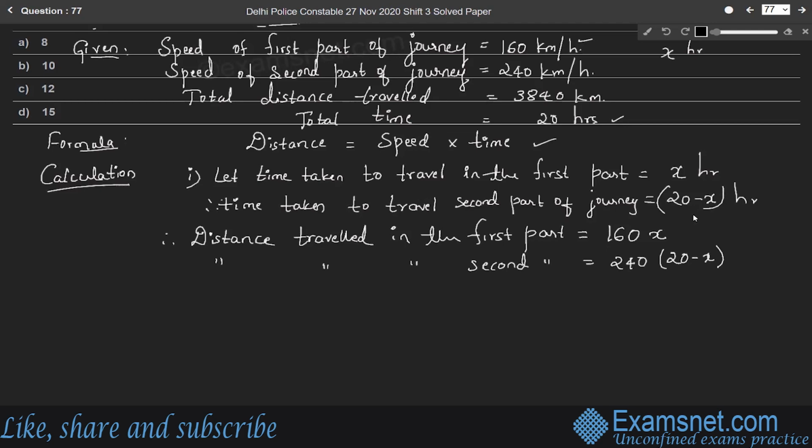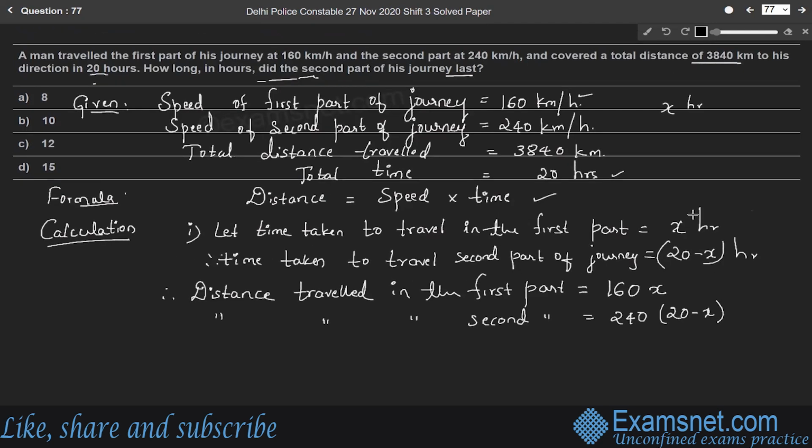So according to the question, total time is 20 hours. Total time in the sense, the time taken to travel in the first part and time taken to travel in the second part. And also distance traveled in the first part plus distance traveled in the second part is equal to total distance, 3,840. So substitute the value of distances, this one and this one.